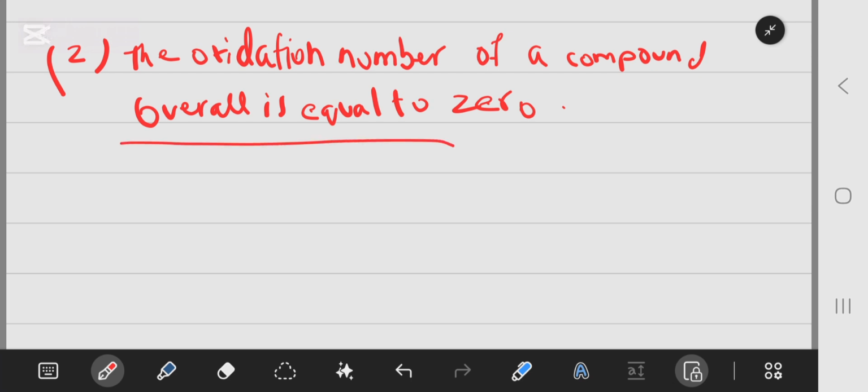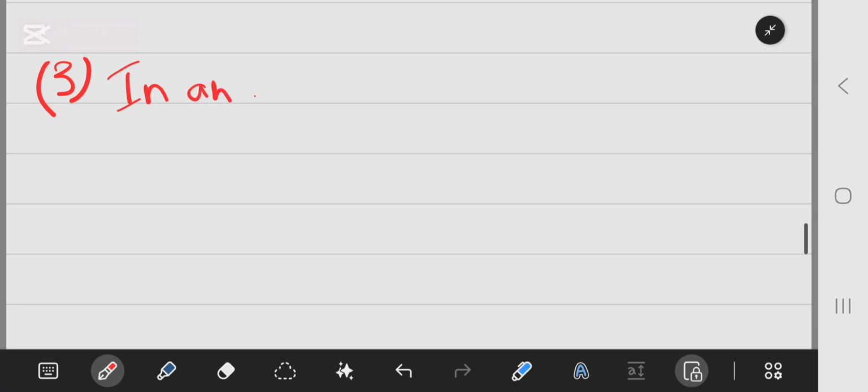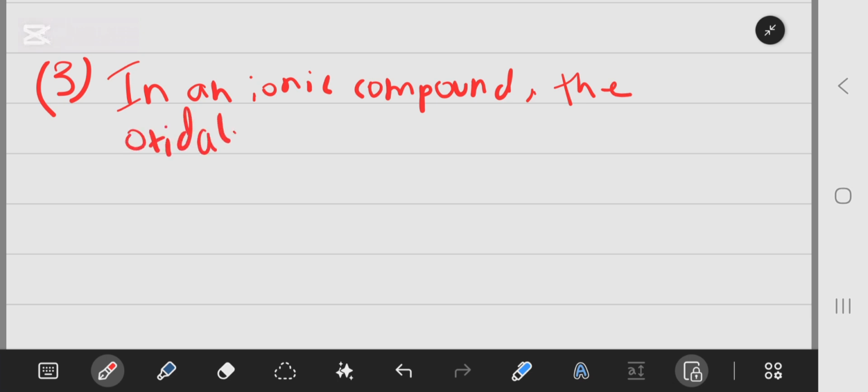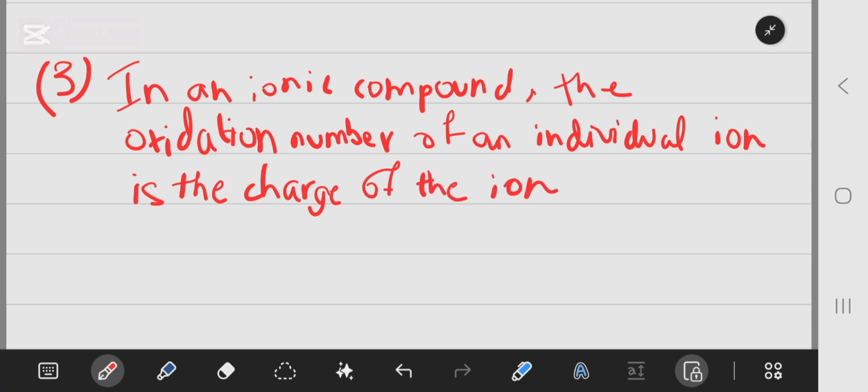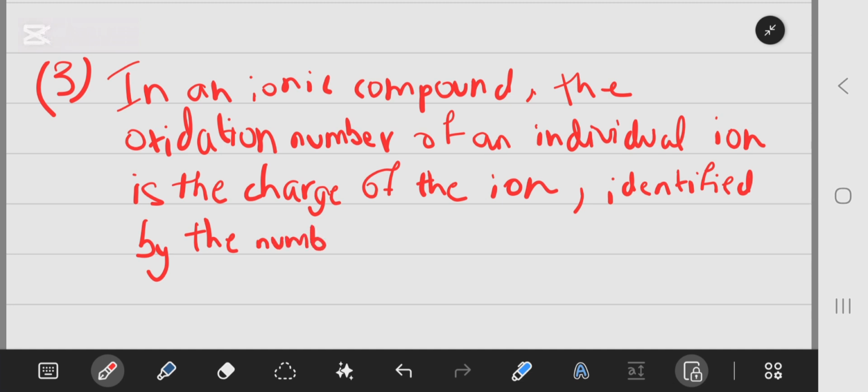So moving on to the third point. The third point is, in an ionic compound, the oxidation number of an individual ion is the charge of the ion, identified by the number of electrons lost or gained.